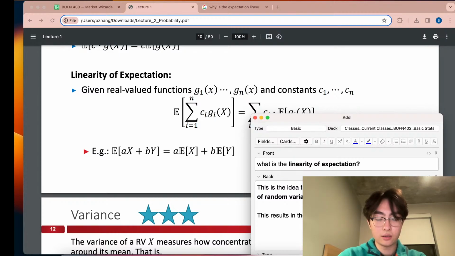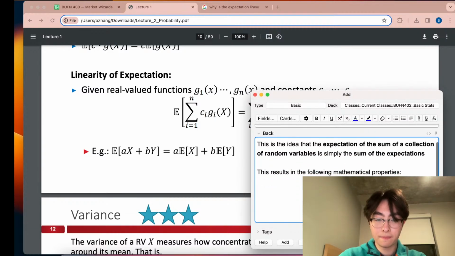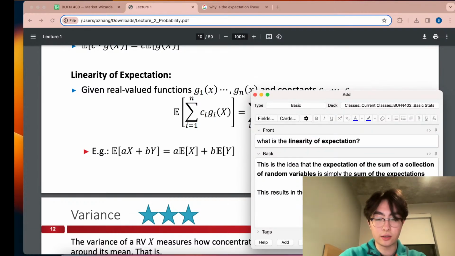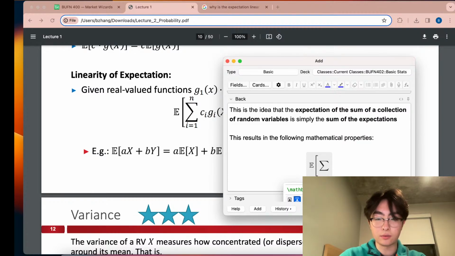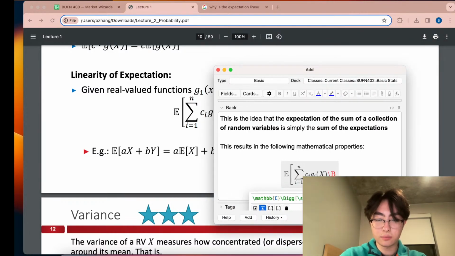With this in mind, you have the expectation of the sum from i equal to 1 to n of c_i times g_i(X).